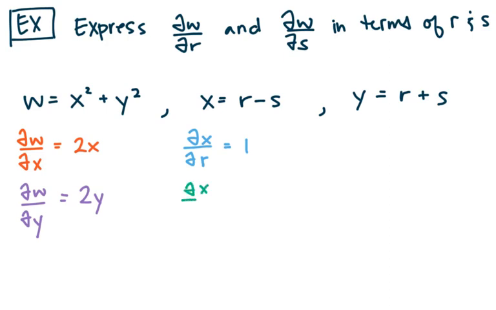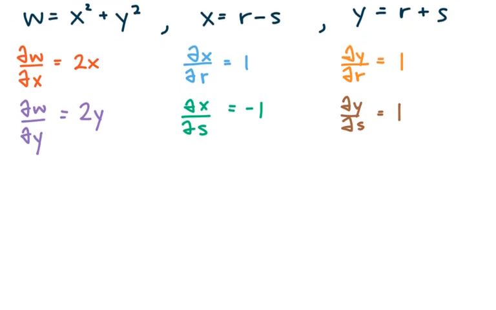Partial of X with respect to S is negative 1. Partial of Y with respect to R is positive 1. And partial of Y with respect to S is also positive 1.